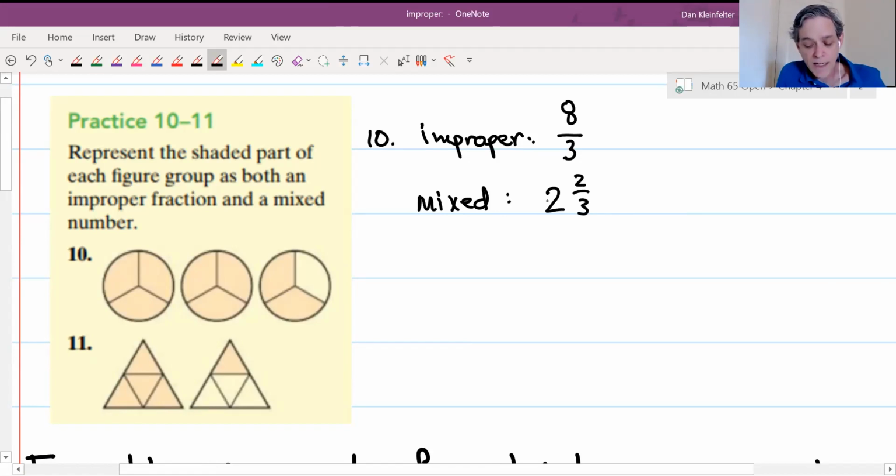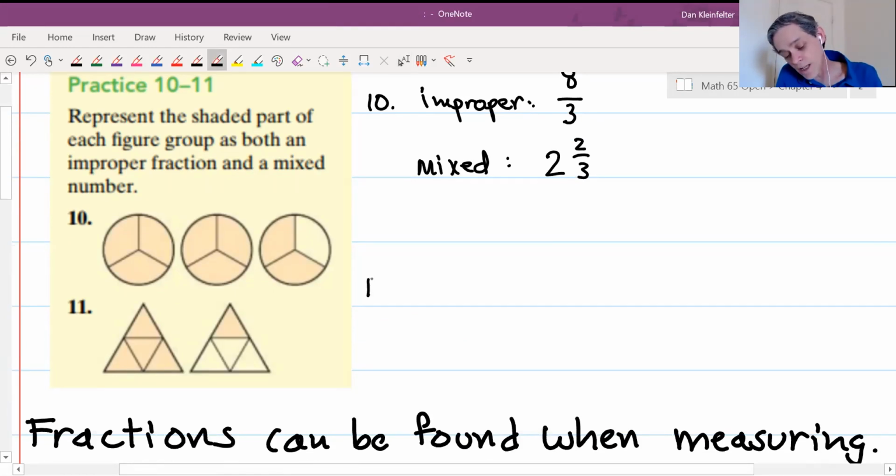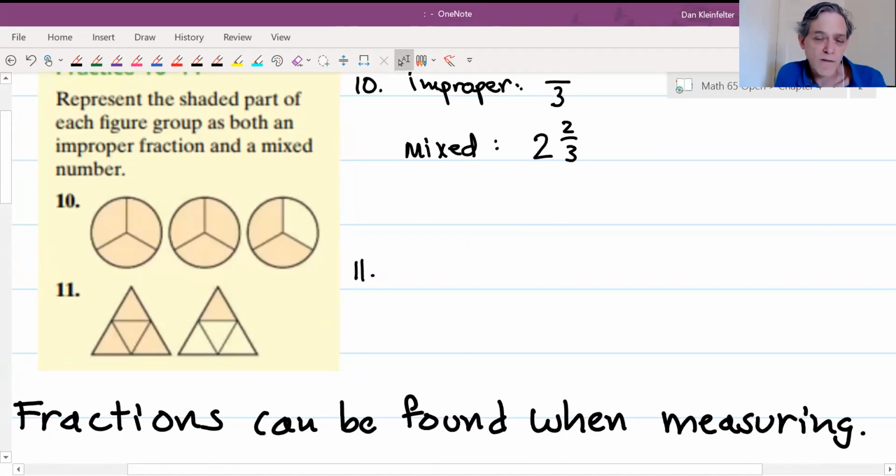So improper is 8 thirds, and then mixed is 2 and 2 thirds. Okay, so you try number 11. Pause the video, try to write down the improper and mixed versions of this value, and then restart the video and see how you did. All right, so here one whole is divided into 4 parts, and so this problem is about fourths.